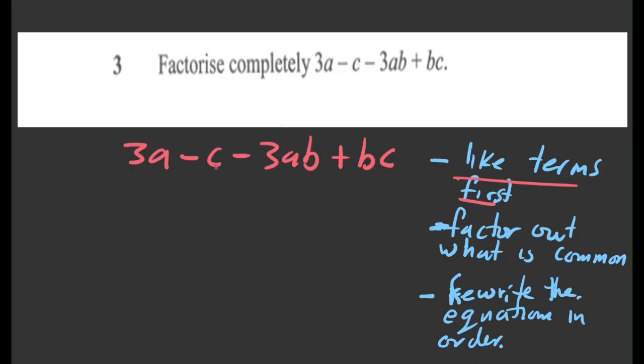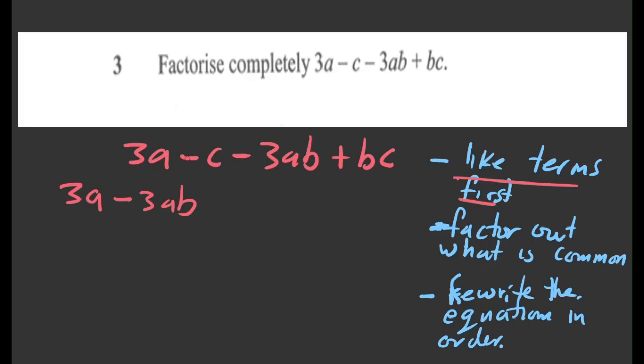So this is what you're going to do. As you can see here, we have 3a, and we have another 3ab here. So we can put that together. You can say minus 3ab.